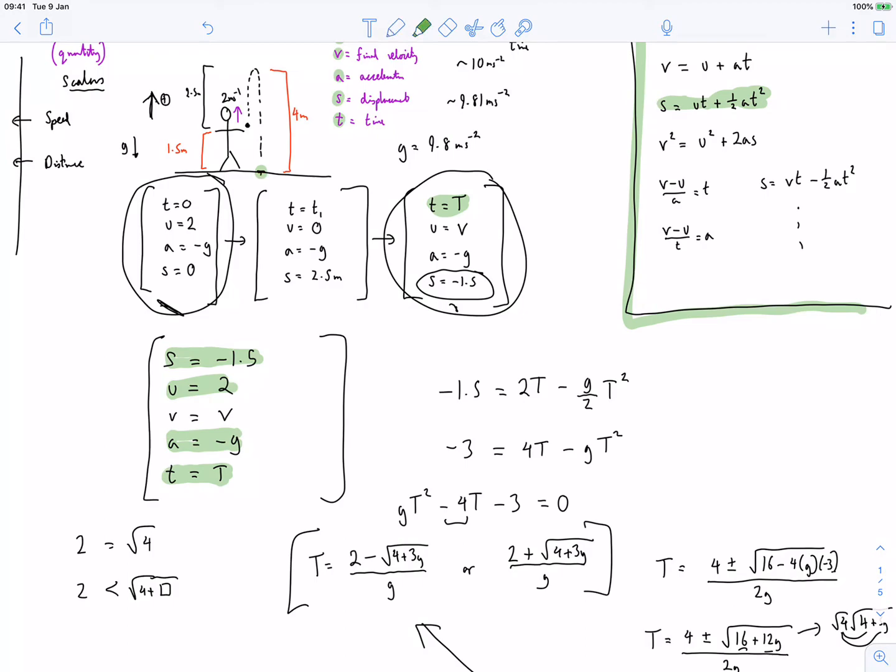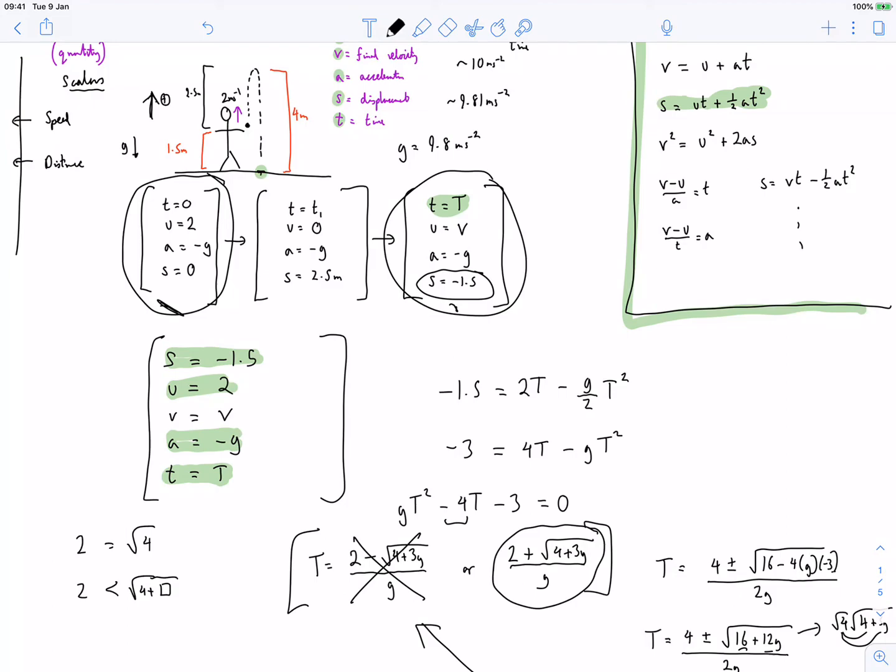So clearly this one is going to give a negative t value, and that negative t value means we've gone backwards in time from the initial timer, and that doesn't make sense. Well, it kind of does. You imagine the ball has come up from the ground and gone through your hand, and you start the timer at 0, but that's not what's gone on here. So the only answer that makes sense is 2 plus the square root of 4 plus 3g all over g.